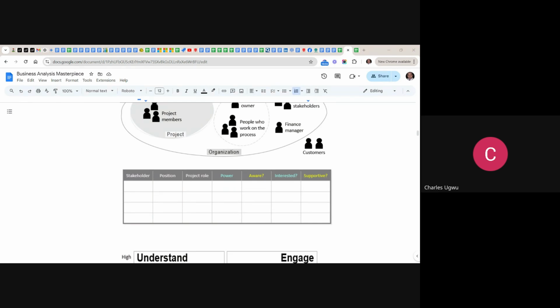Now this table here, we want to use this table to capture stakeholders. The stakeholder's name, you write Ikechukwu Eze, that is his name. Then his position in the organization here is supposed to be HOD sales in nearest.com. Is that understood?